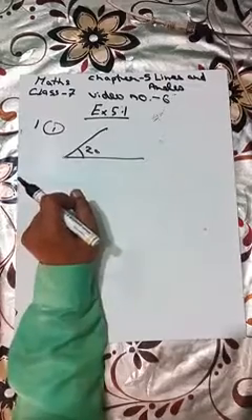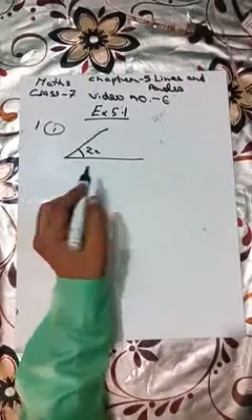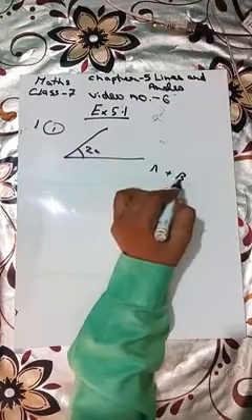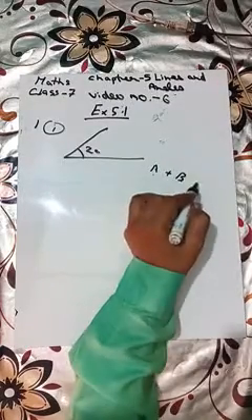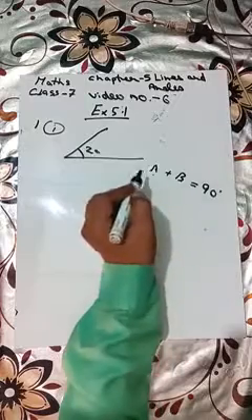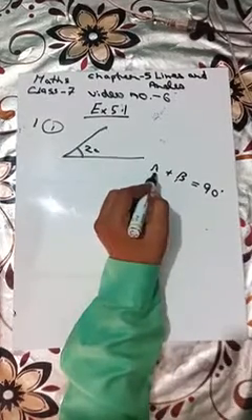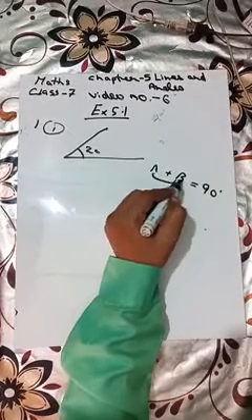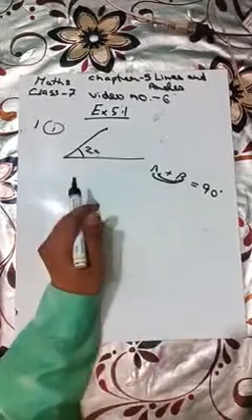Okay. See, we know that two angles, let us take A and B, when they add, if the sum is 90 degree, each one of them is called complementary for the other. This is complementary for this, and this is complementary for this.